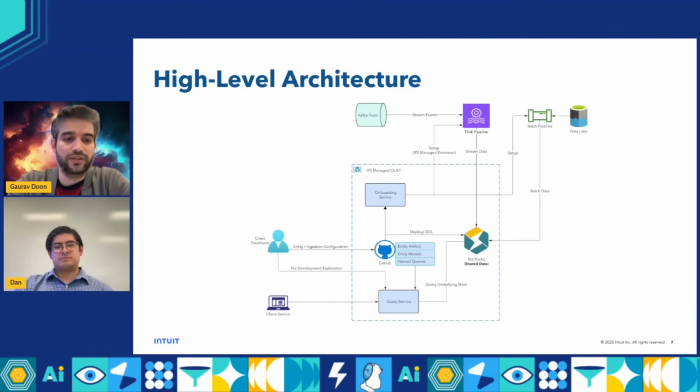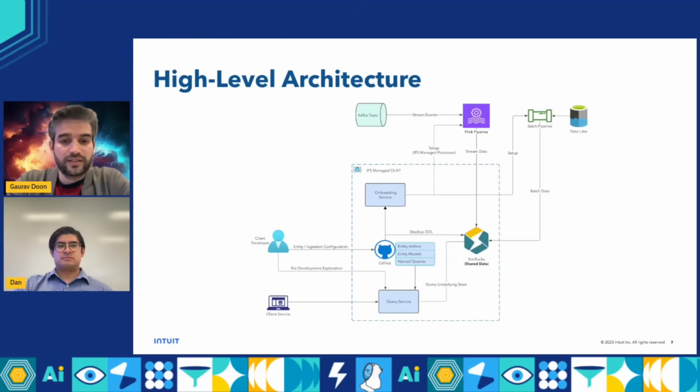Based on the configuration, we have an onboarding service which automatically takes up that configuration and sets up either a real-time Flink pipeline or a batch pipeline. And yes, we do have both types of use cases at Intuit, where we have chatbot agentic AI use cases where the data comes in incrementally on a batch basis, but they want real-time query performance.